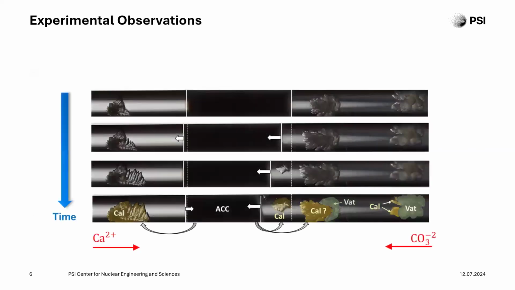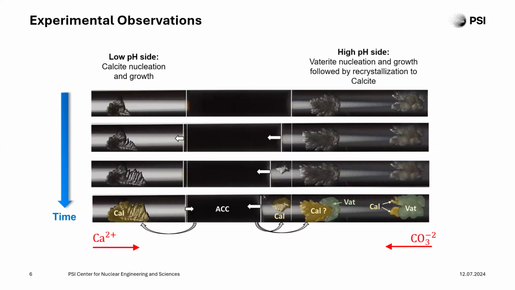Here is one of the experimental observations, in which we can clearly observe that different polymorphs of calcium carbonate are identified. We observe calcite nucleation and growth at the low pH site, and we observe some vaterite nucleation and growth, followed by recrystallization to calcite.